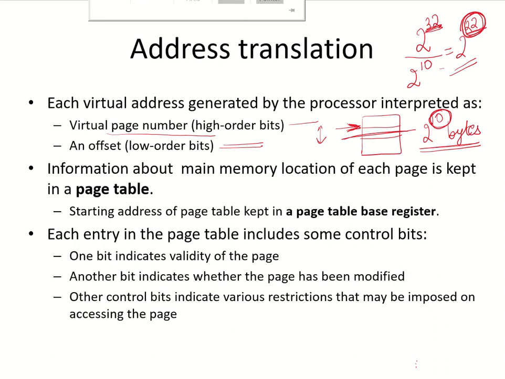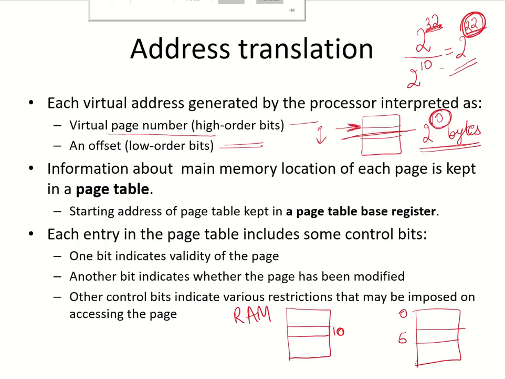Now when this page is brought from the secondary disk into the RAM, this information also has to be stored somewhere. So suppose a virtual page number 5 was brought into the physical page frame 10.